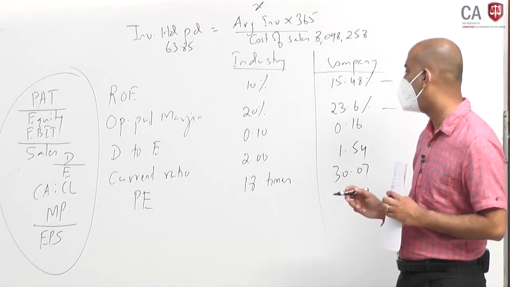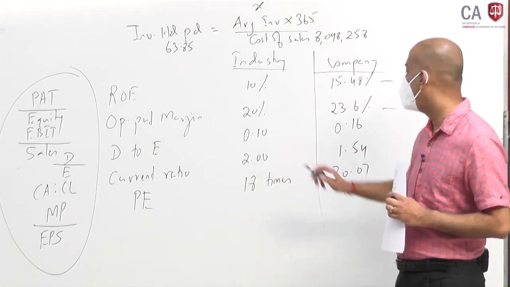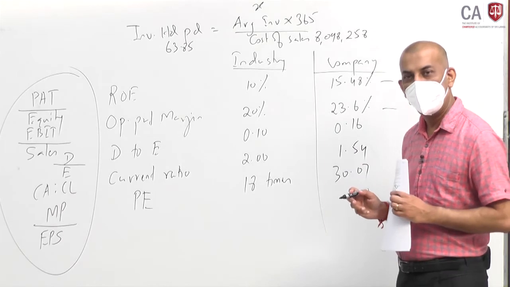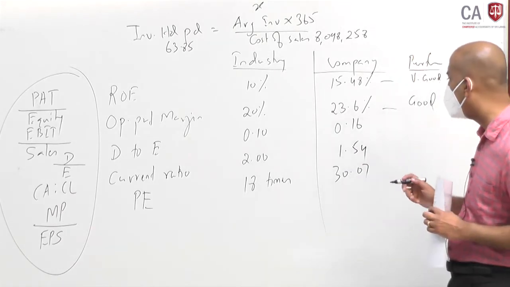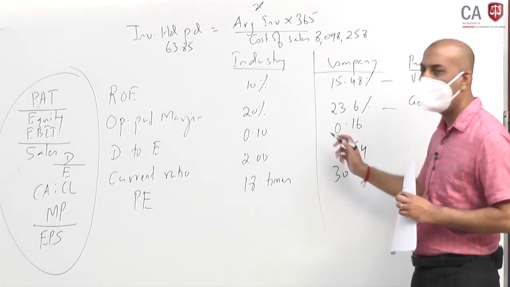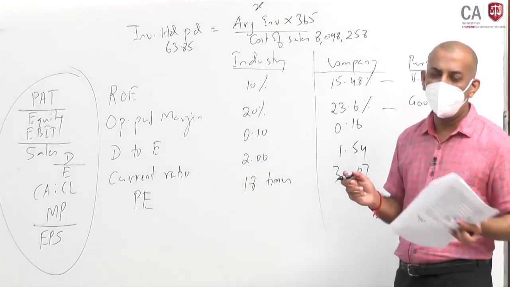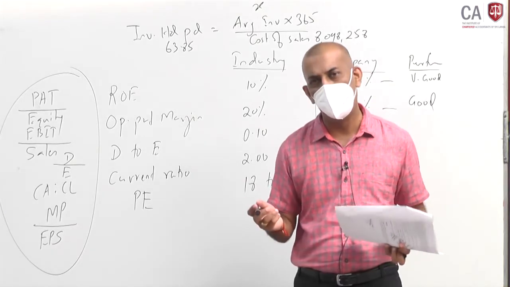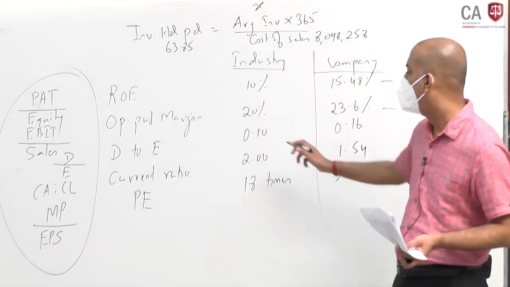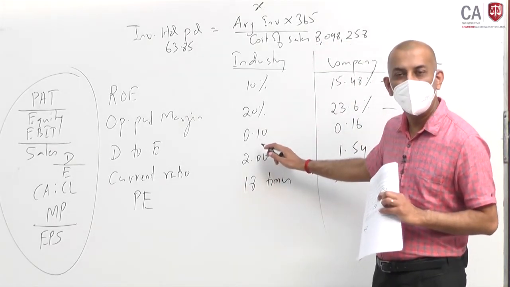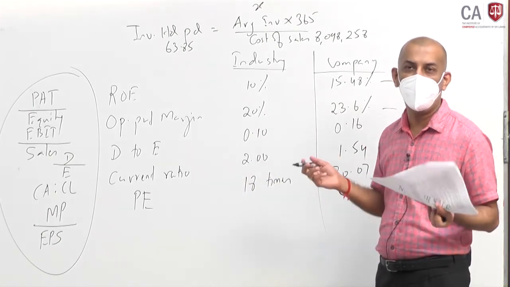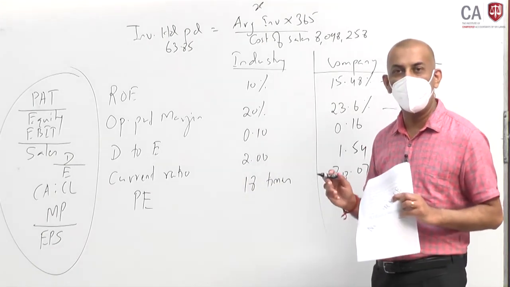Debt to equity, if you take here 10%, here 16%. So even though you have a little higher gearing compared to the industry, your gearing is very low, right? Generally, if debt equity is 1, then you can say it is 50-50.